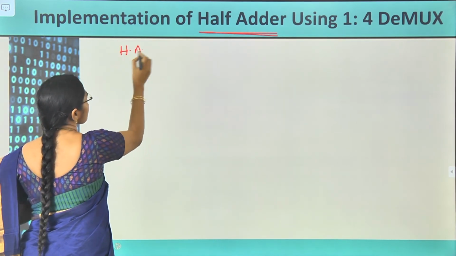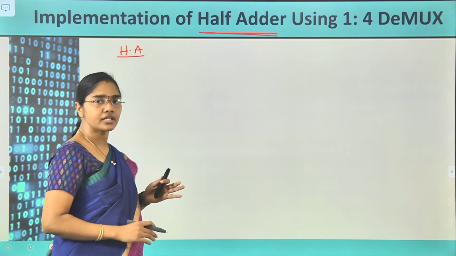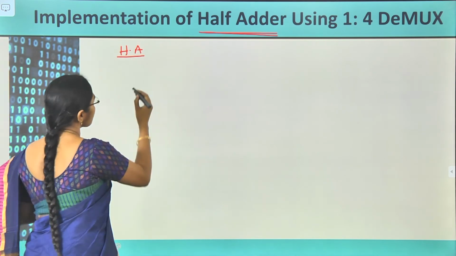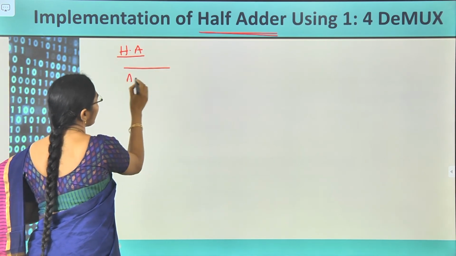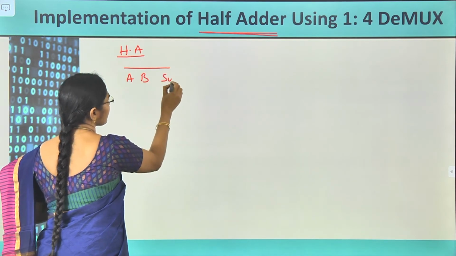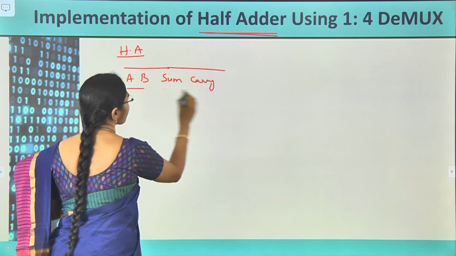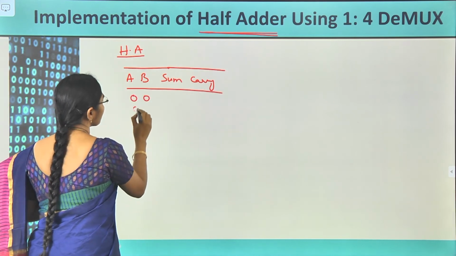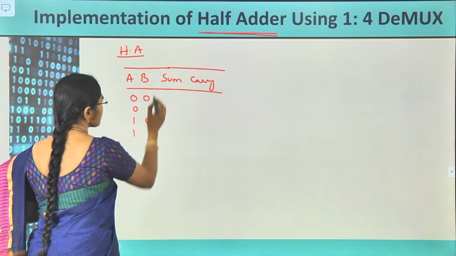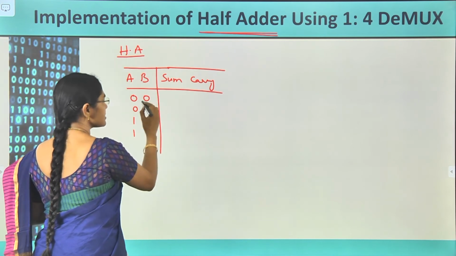For this, first take the half adder truth table. What is a half adder truth table? Half adder has 2 inputs and 2 outputs, sum and carry. Depending upon the combinations of 2 inputs, sum and carry will be defined like this.